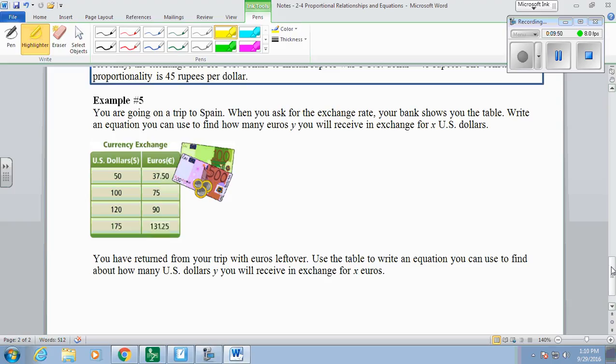So euros, they're telling me, is my Y. And US dollars, they told me, was my X. Having the X on the left and the Y on the right is consistent with what we've been practicing. So if we think about our formula, our little Y divided by X here, Y again represents the euros, X represents the US dollars.